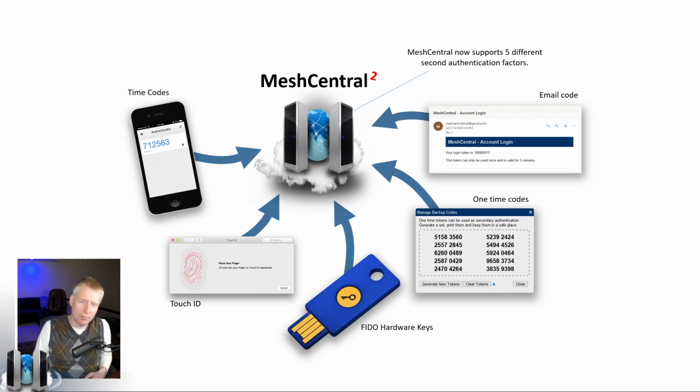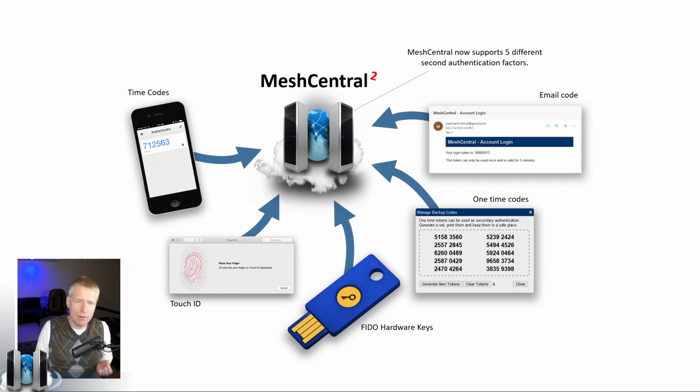There's a lot of different ways that MeshCentral supports two-factor authentication. We've seen one previously with Android device, but also we have email, we have one-time codes that you can basically print and keep in your drawer. We have FIDO hardware keys, those are USB keys, fully support for that. Touch ID and time codes like the Google Authenticator, things like that where you punch the 6-digit code. So MeshCentral supports all of these two-factor authentication.